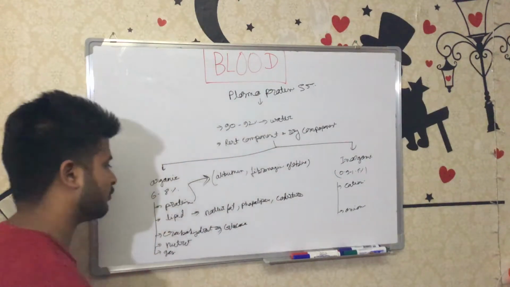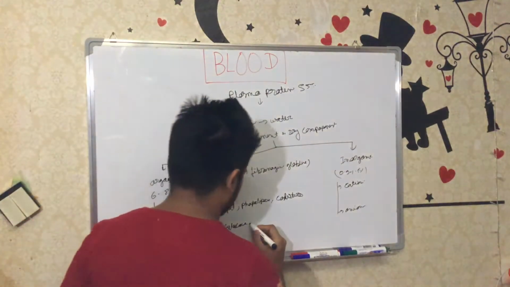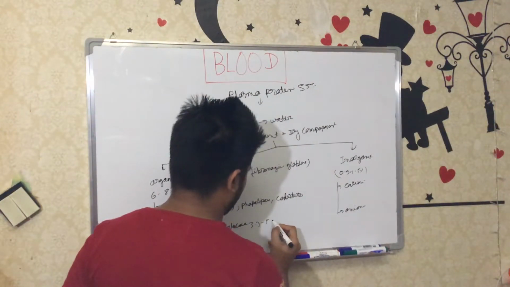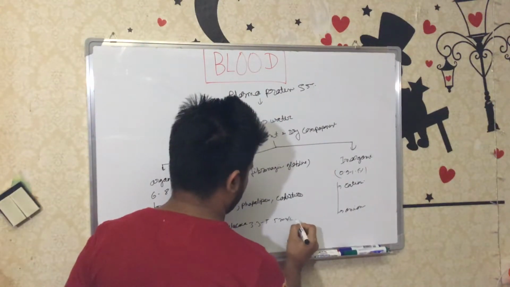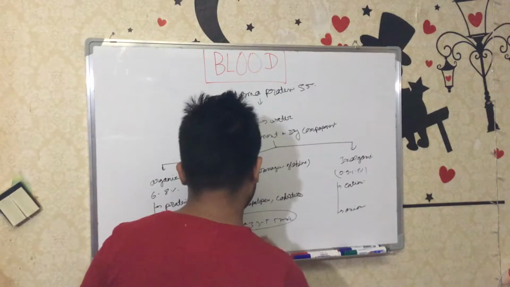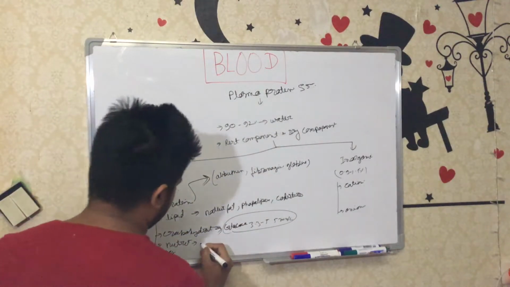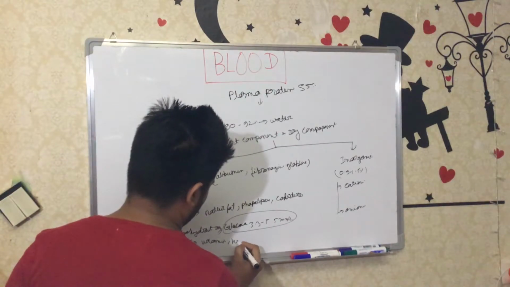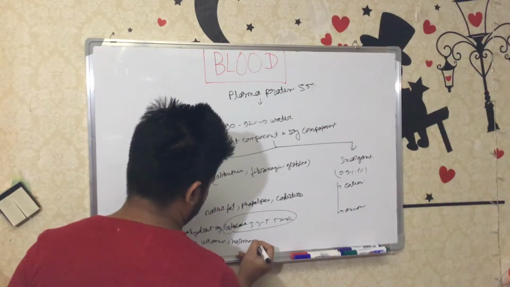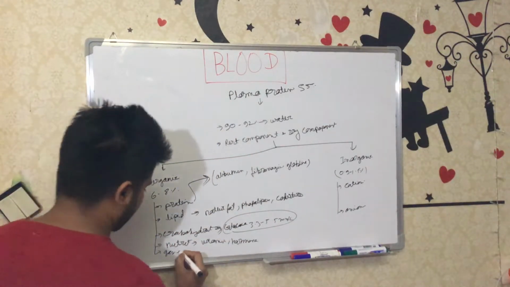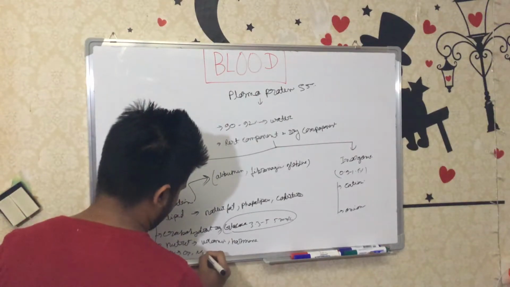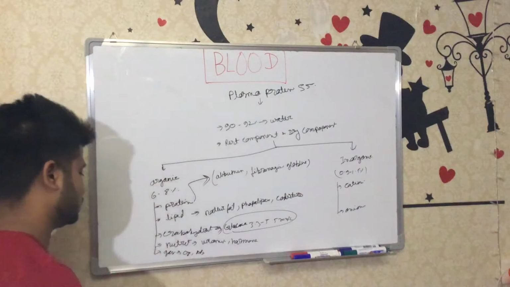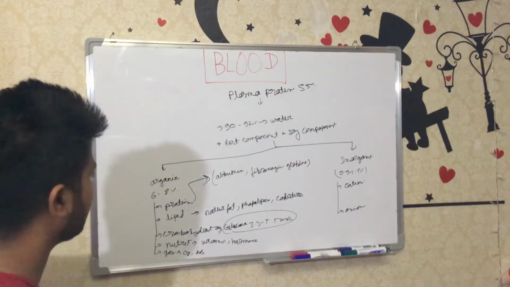The normal value of glucose is 3.3 to 5.5 millimole per liter. Nutrients can be vitamins and hormones and some other substances. Gases like oxygen, nitrogen, and some other gases. So these are the organic compounds.